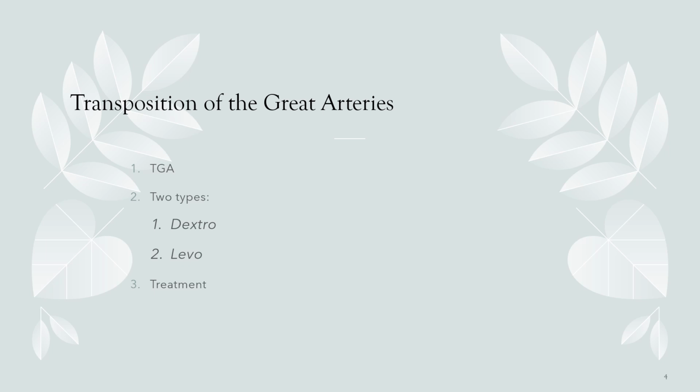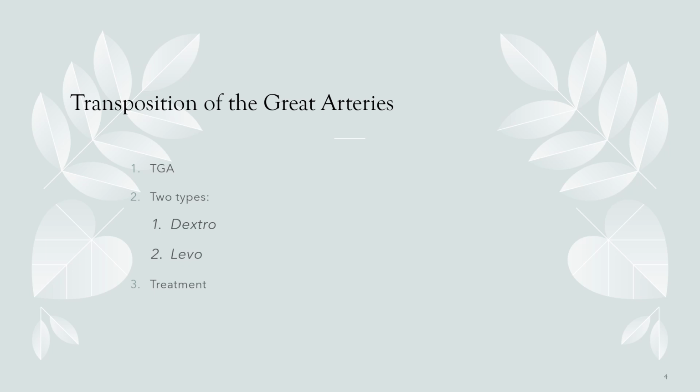And the next type of TGA is levo TGA, also known as LTGA or corrected TGA. In LTGA, the ventricles are transposed. So the anatomical RV is displaced posterior and leftward, becoming the arterial ventricle, and the anatomical LV is displaced rightward, becoming the venous ventricle.